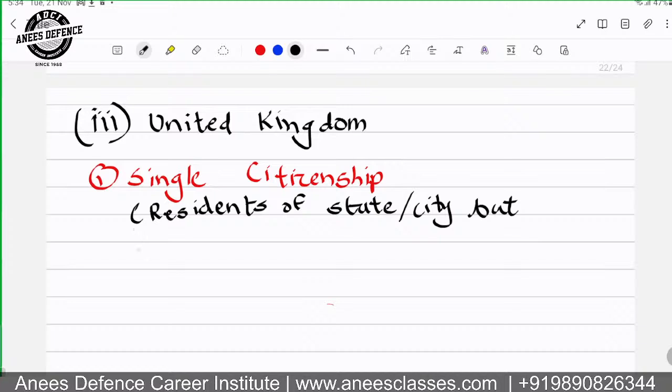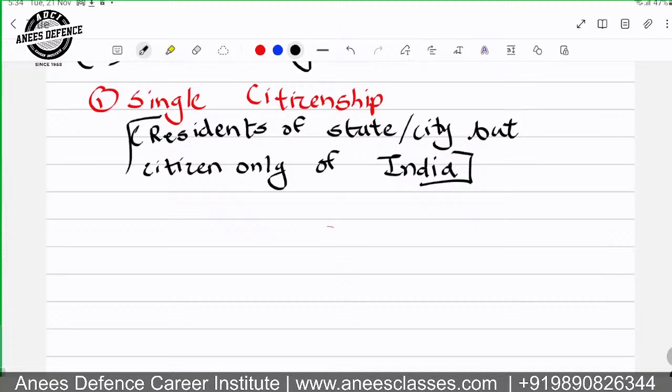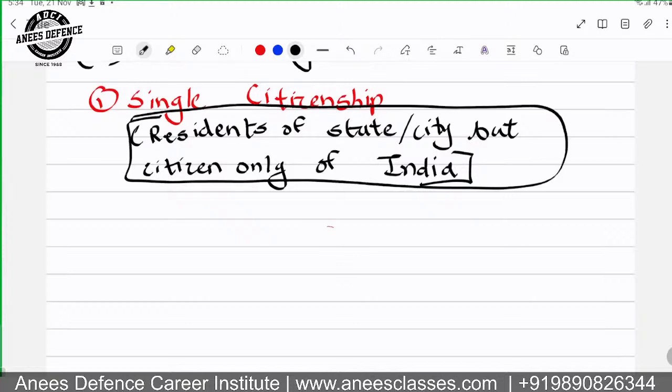But citizen only of India. Actually, this is very easy to understand, but for your understanding, I've written this.